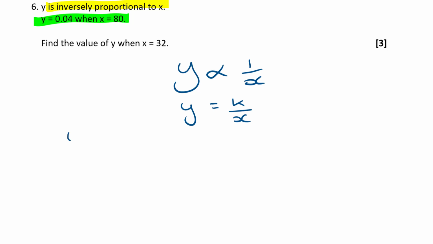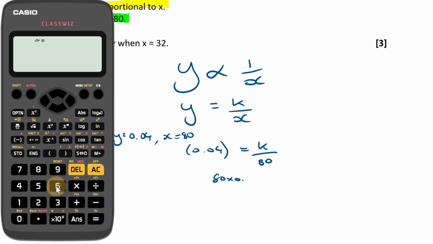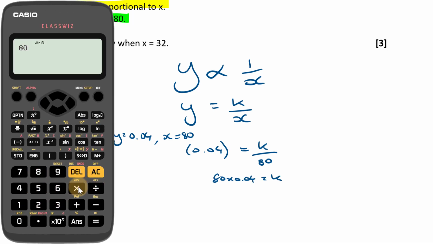So when y is equal to 0.04, x is 80, so subbing those in, 0.04 is equal to k over 80. Okay, so then cross multiplying, I'm going to get 80 times 0.04 is equal to k. What's that then? 80 times 0.04 comes out to be 3.2, so k is 3.2.